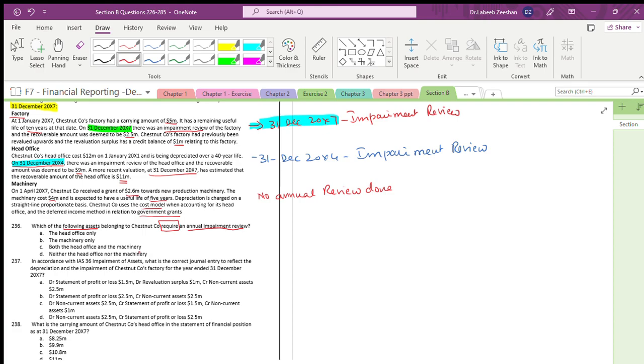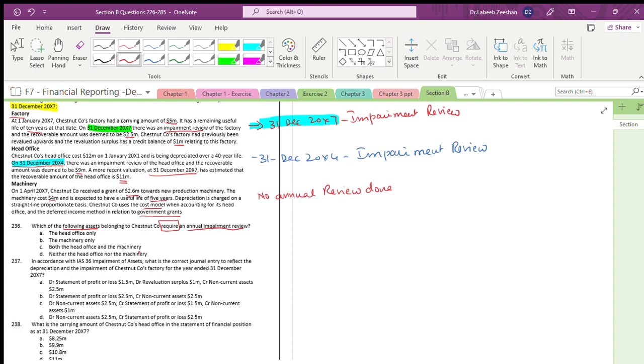There is no condition that there should be an annual review.